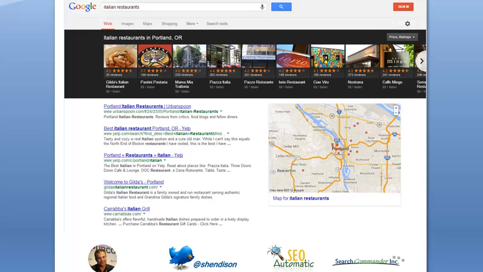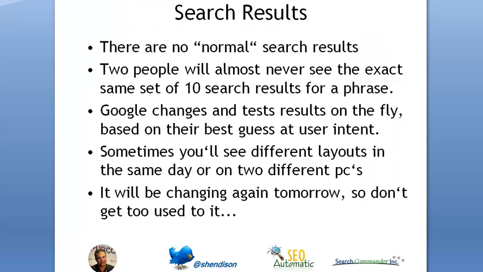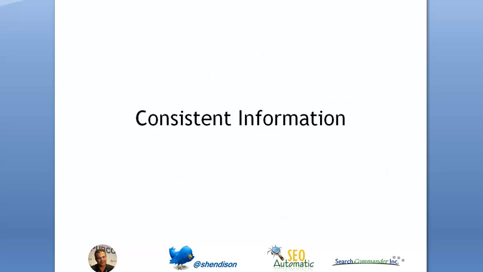Dance clubs in your city, and oddly enough, fishing guides seem to be getting those too. But we're going to start seeing more and more of that throughout 2014, and it wouldn't surprise me if the standard layout A, B, C, D, and so on, goes away pretty soon. So again, don't get too used to what you see, because it's going to change.